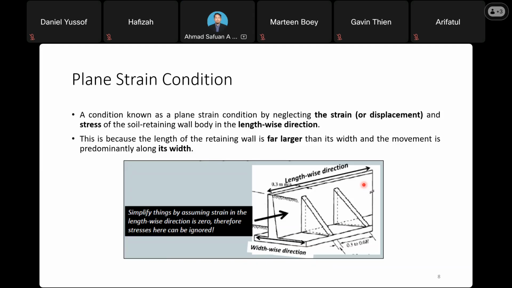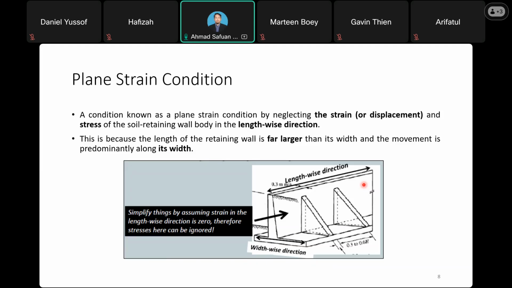This is because the length of the retaining wall is far larger than its width, and the movement is predominantly along its width. That's why we measure it for every meter run.